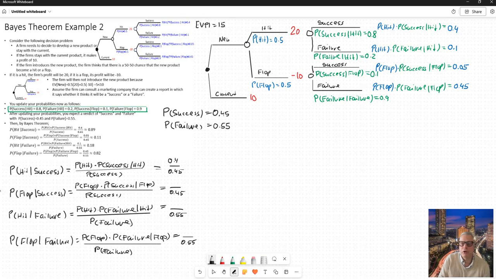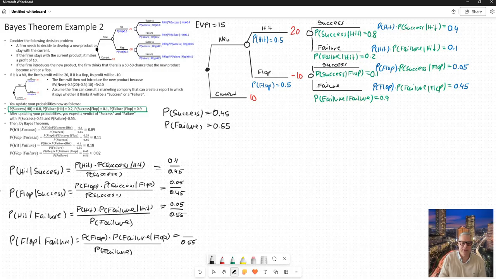Here, probability of flop given success, that is 0.05. So probability of flop times the probability of success given flop, that's only 5%, which makes perfect sense, right?